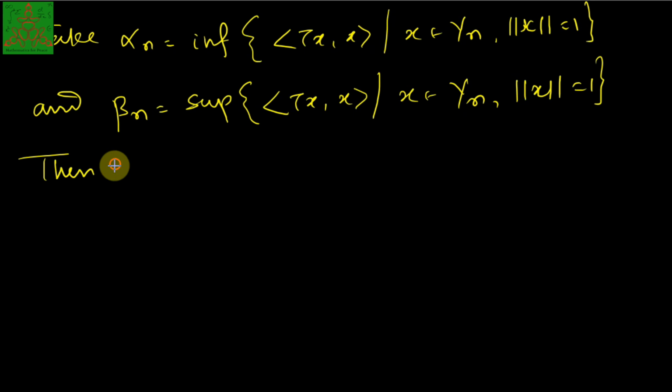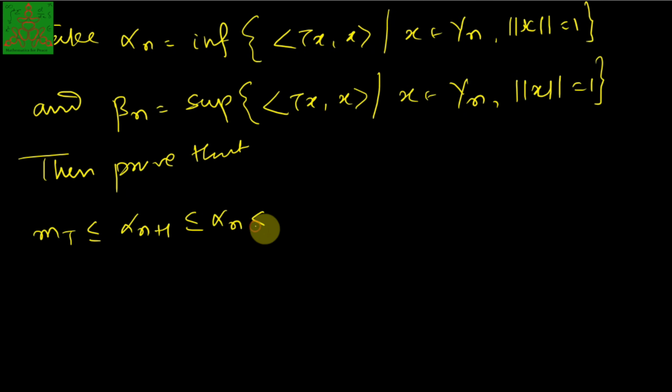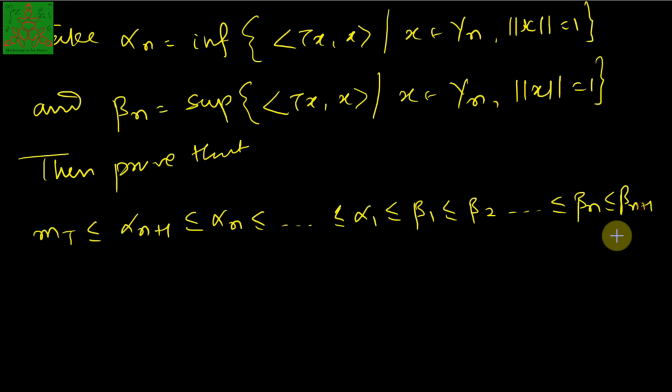Then prove that small m is less than or equal to alpha n plus 1, which is less than or equal to alpha n, and so on, up to alpha 1, which is less than or equal to beta 1, less than or equal to beta 2, and so on. Beta n is less than or equal to beta n plus 1, which is less than or equal to capital M. So all these values are from the numerical range of T with the domain Yn.